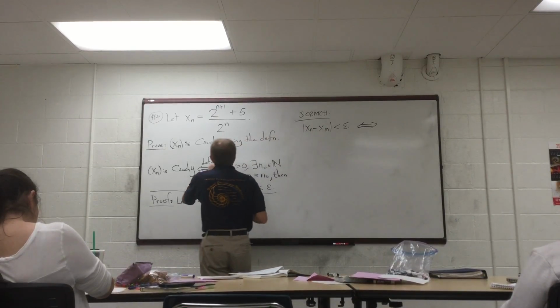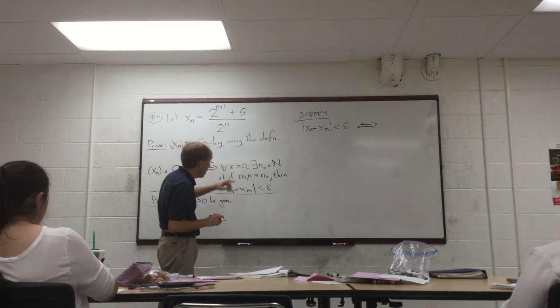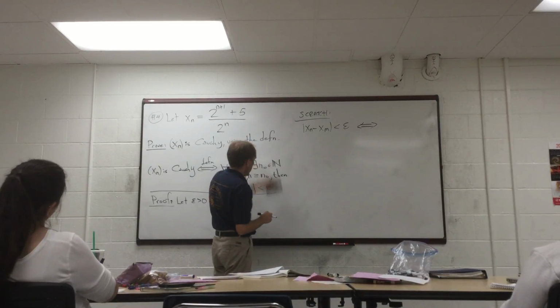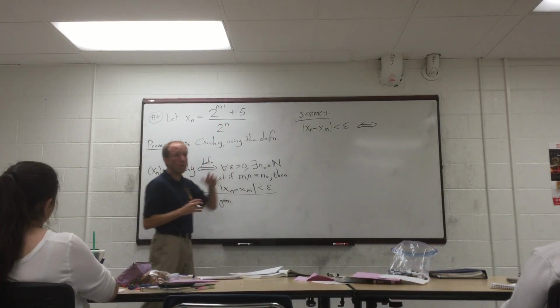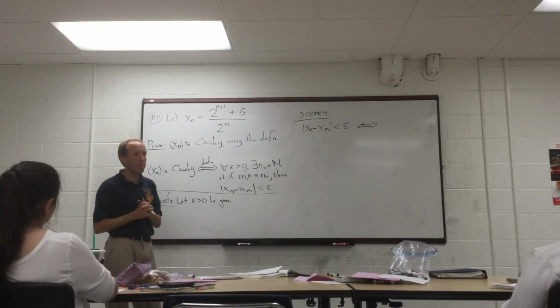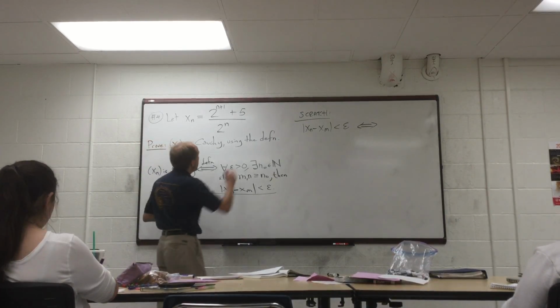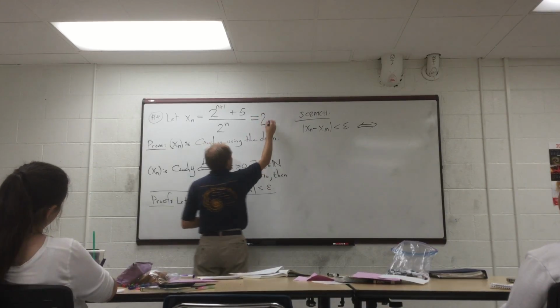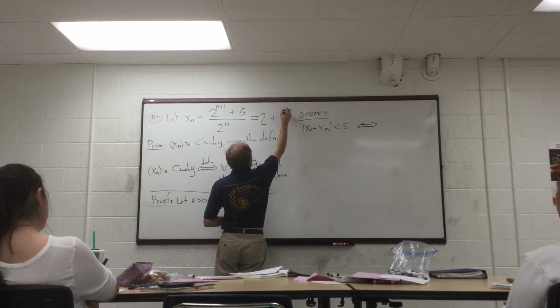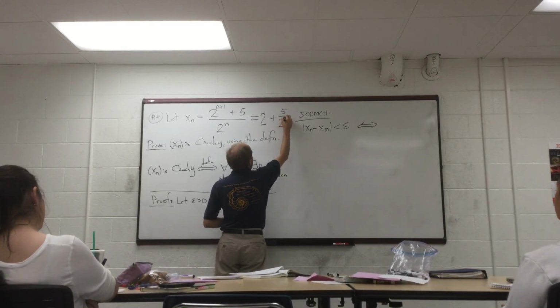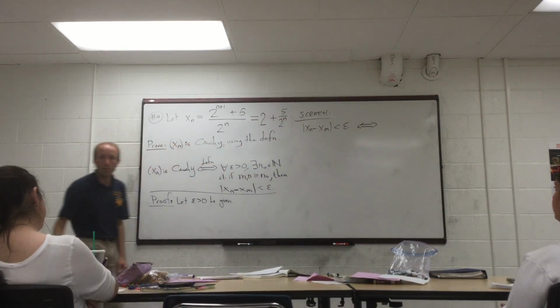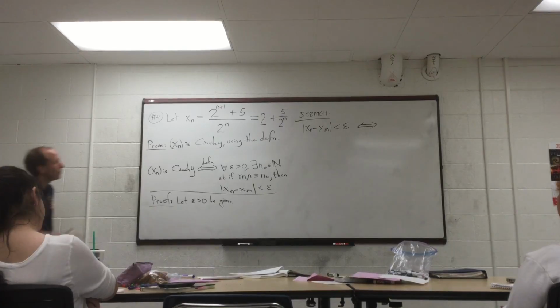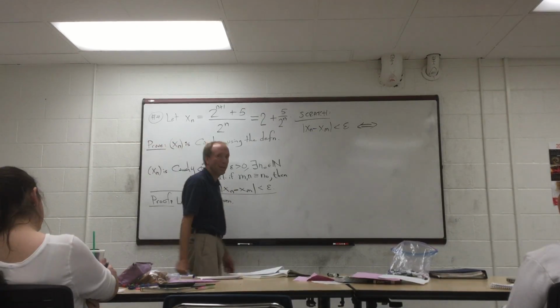The other thing I could do is simplify this expression to help myself out. How does it simplify, guys? 2 plus 5 over 2^n. Be very careful: 2 plus 5 over 2^n. There we go.